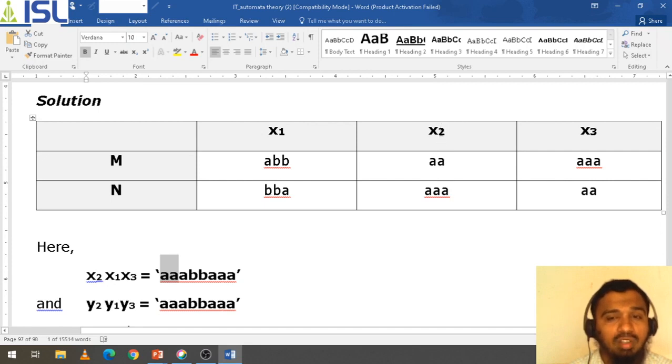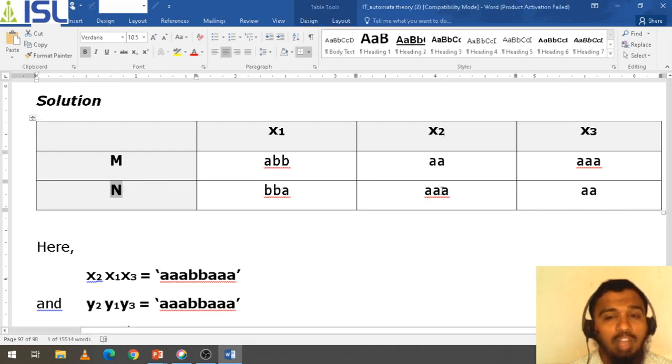So first I am taking x2, and the x2 value is AA, and second one y2, from n it will become y2. What is the value? AAA.